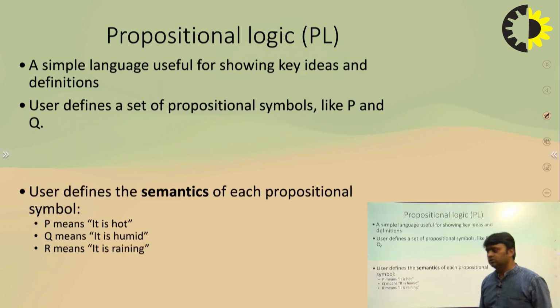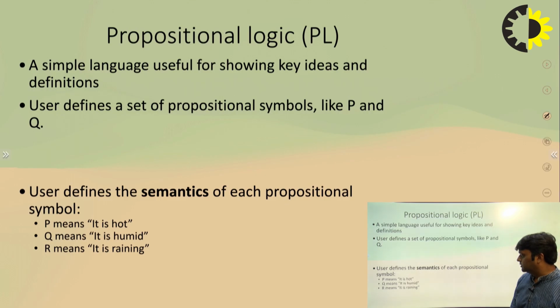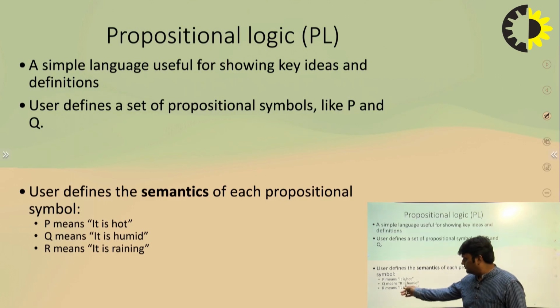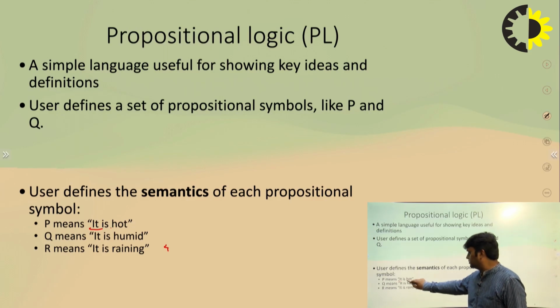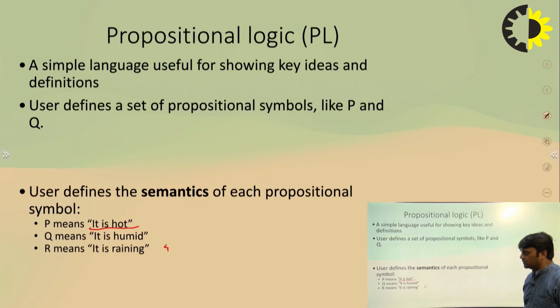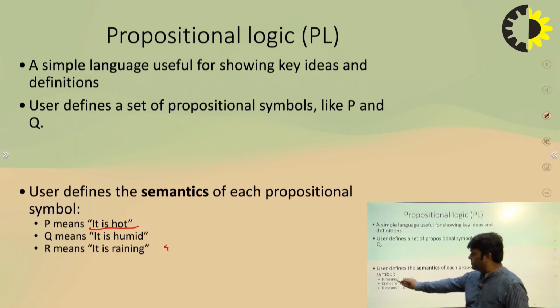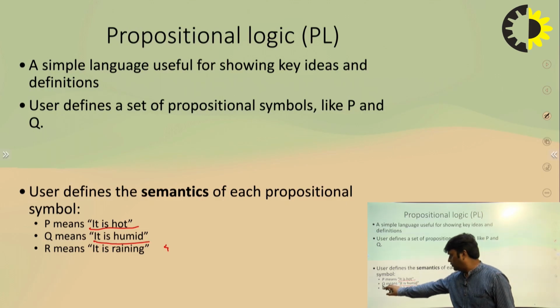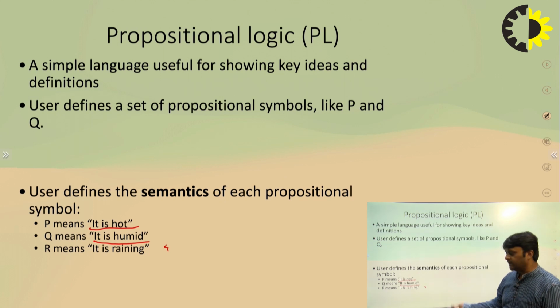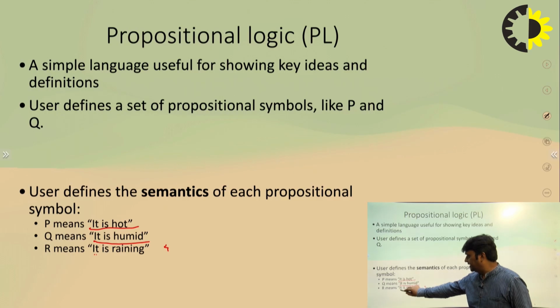For the statement "it is hot," we use the symbol P. "It is humid," we use the symbol Q, and "it is raining," we use R.